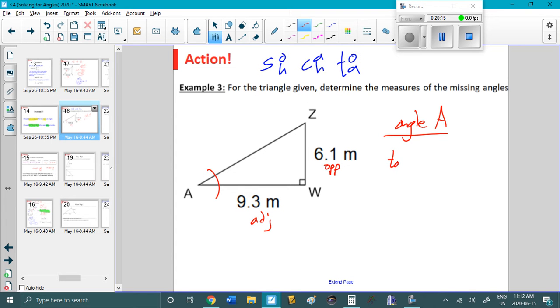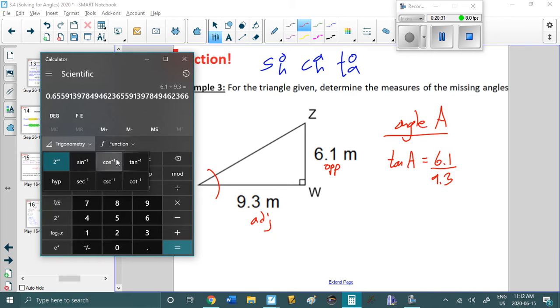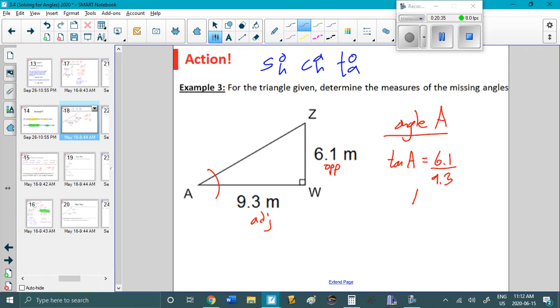So tan of A equals the opposite divided by the adjacent. I go to my calculator, 6.1 divided by 9.3 equals, and then I'm going to do second tan because I'm looking for an angle, and I get that A is approximately 33 degrees.